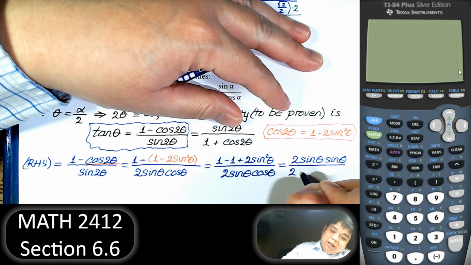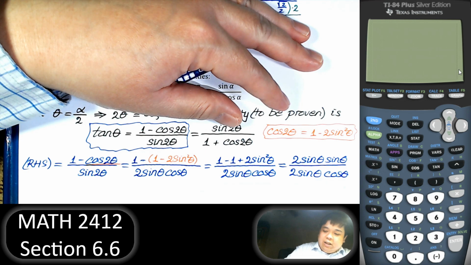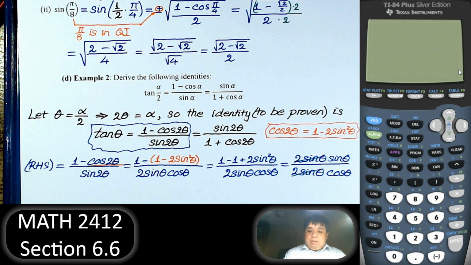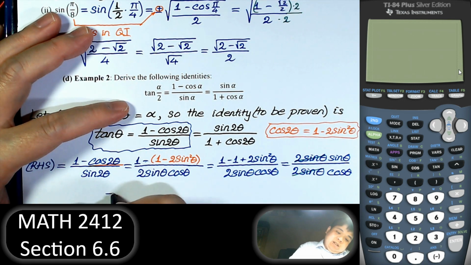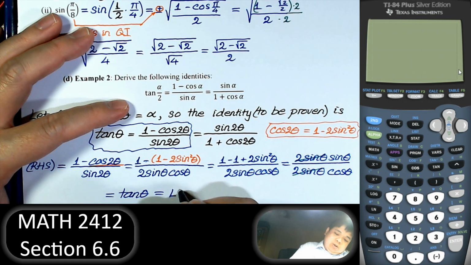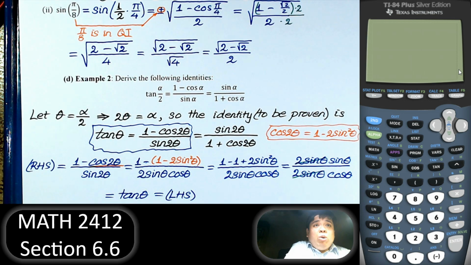At the bottom is sine times cosine. Now the 2 sine cancel out, and we have sine over cosine, which is the tangent. And that of course is equal to what we have on the left-hand side. So that's how we prove it.